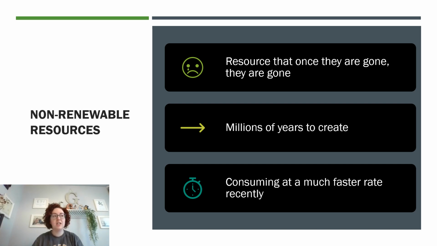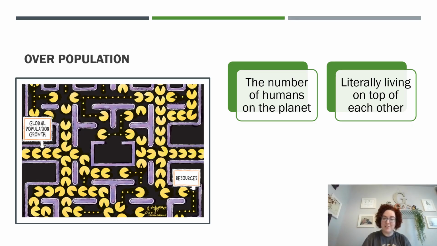And then we're consuming them much, much faster. And that's because of the following: overpopulation. There's just so many of us that we're using what our planet has at a much quicker rate than what it's able to either A, replenish, or B, had in the first place.